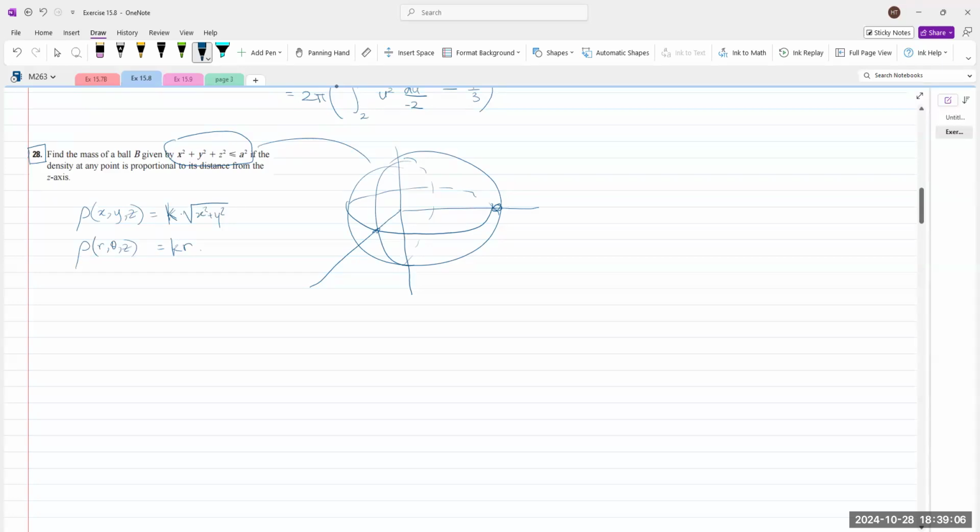Now remember there's a ball with radius a. On the xy plane, this is what we have.